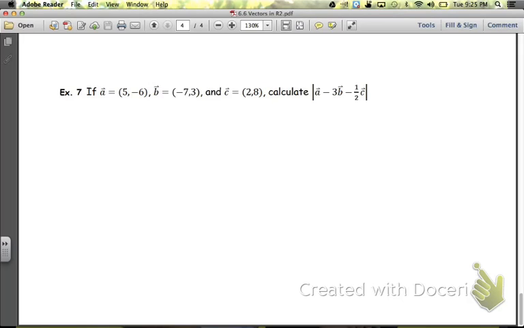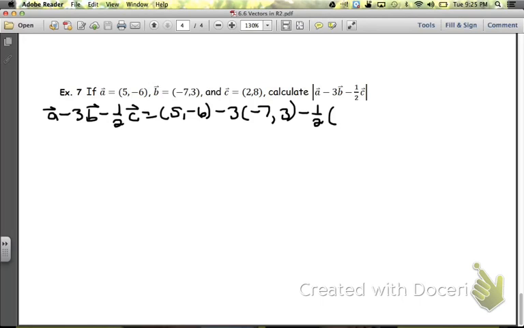If our vector A is equal to (5, -6), and vector B is equal to (-7, 3), and vector C is equal to (2, 8), we want to calculate the magnitude of A minus 3B minus a half C. First step, we need to first find A minus 3B minus a half C. So we're going to take our vectors here, (5, -6), minus 3 times our B, (-7, 3), and then minus half of our vector C, (2, 8).